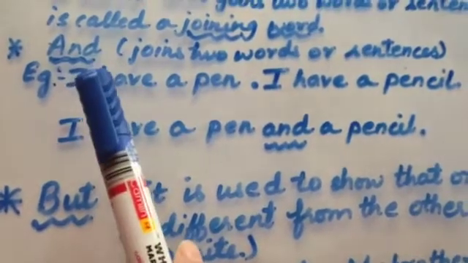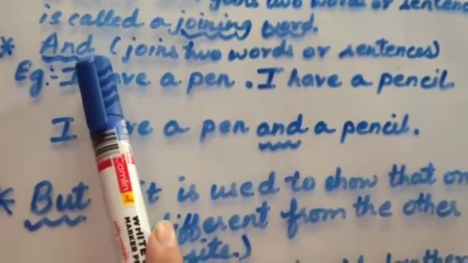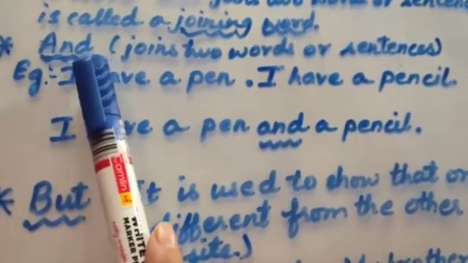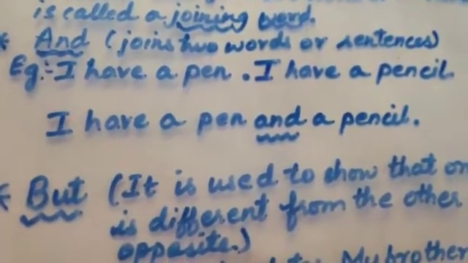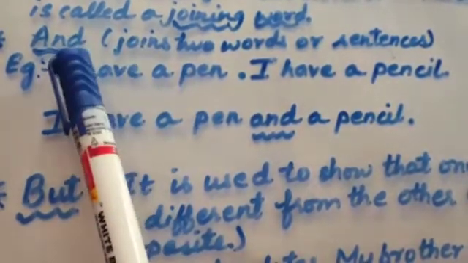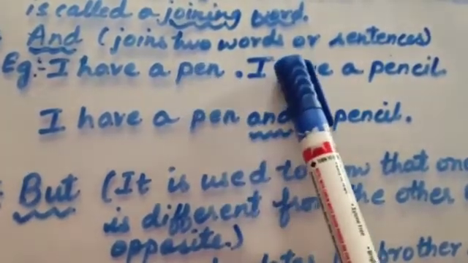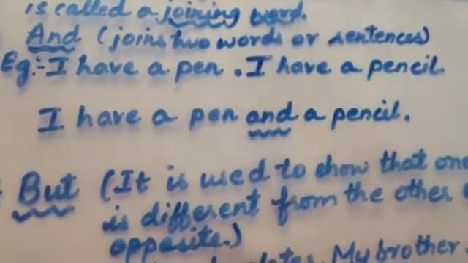The first word that is known as a joining word is and. You have heard this word earlier. And is a joining word because it joins two words or two sentences.